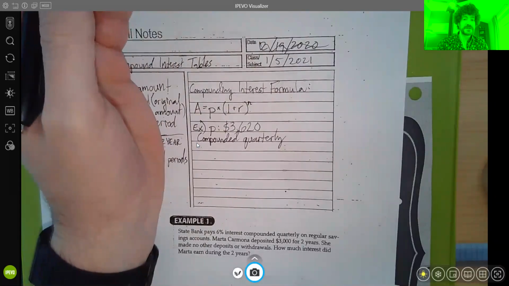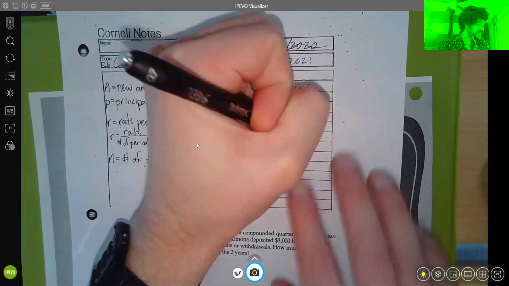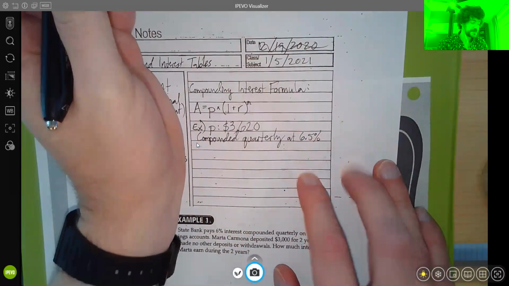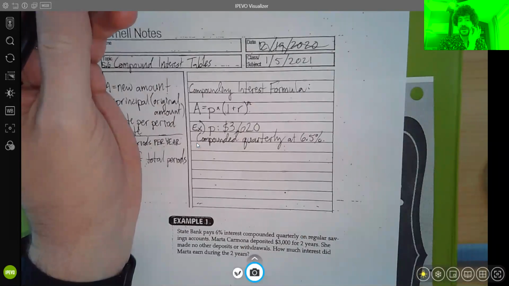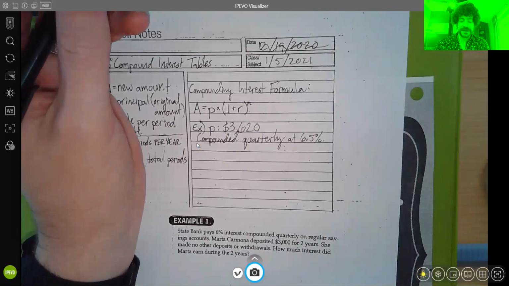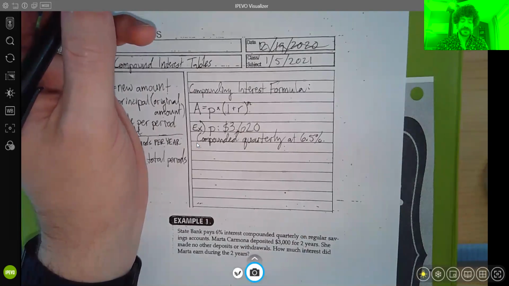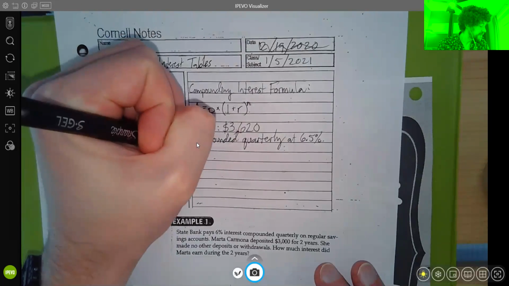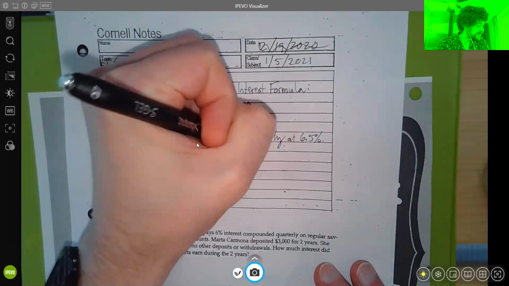So every 3 months. Compounded quarterly at 6.5%. So that's the basic rate right there. And we need to find the amount after 9 months.